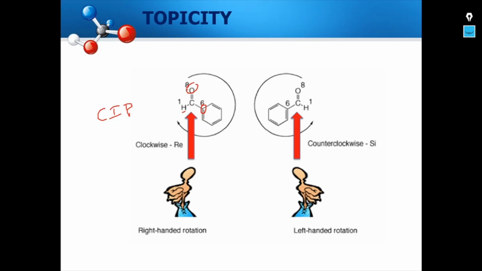If they are arranged in descending order, that is 8, 6, 1, in a clockwise fashion, the face is defined as Re. If the arrangement is in a counterclockwise direction, that is anticlockwise, the designation is Si.